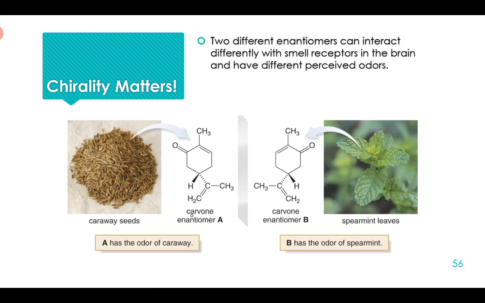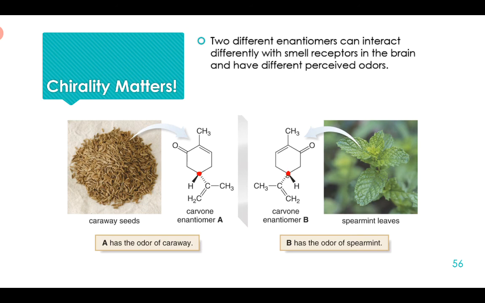Another example that's kind of classic for this is recognizing the different smells between spearmint leaves and caraway seeds. Both of these have a carvone molecule in them, but this is an enantiomer of this one because of this chiral center down here.